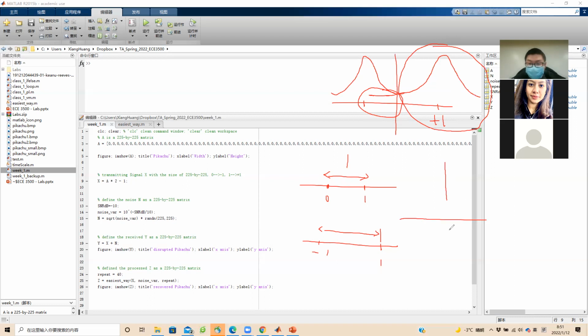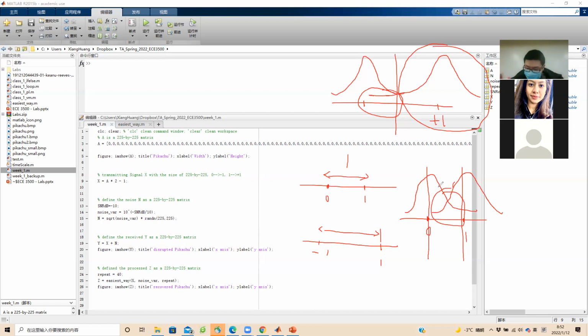However, if we don't do the modulation, the 0 and 1 will mostly overlap, so it will be hard to tell what symbol we have transmitted.